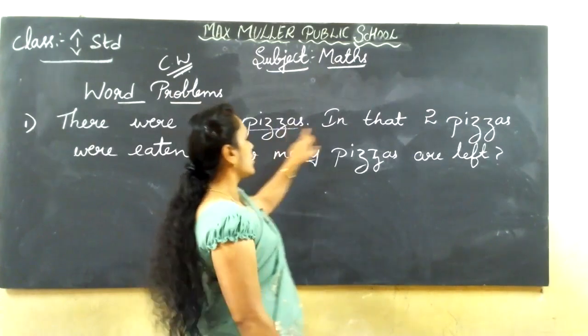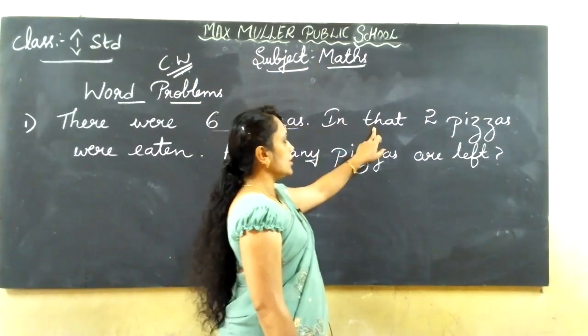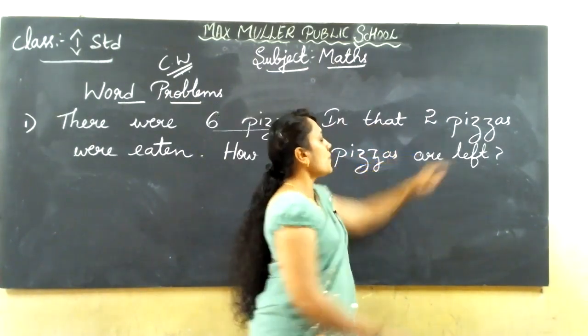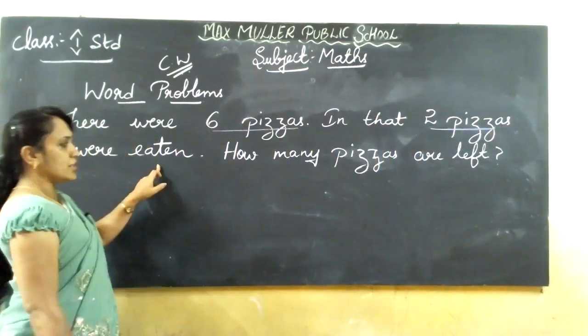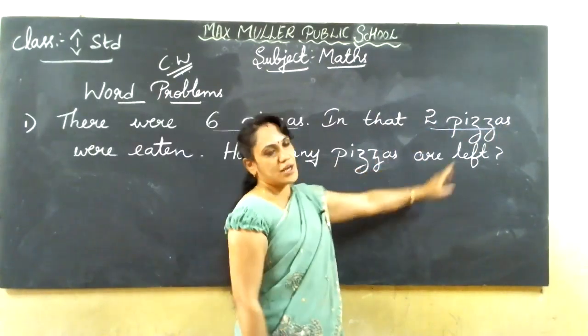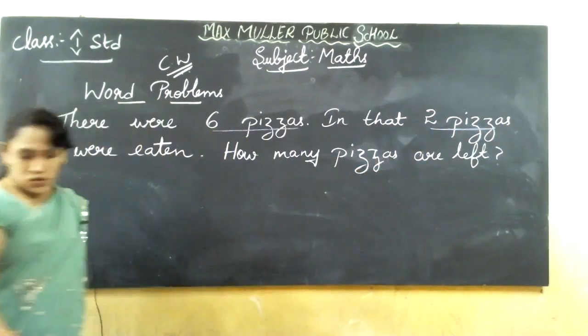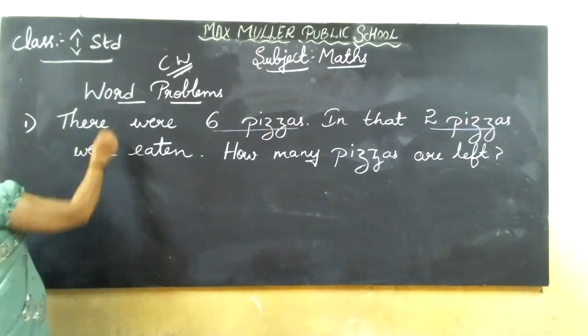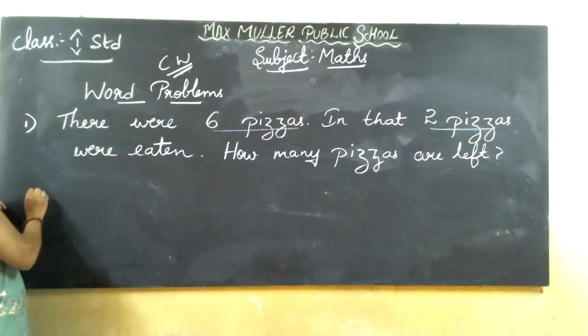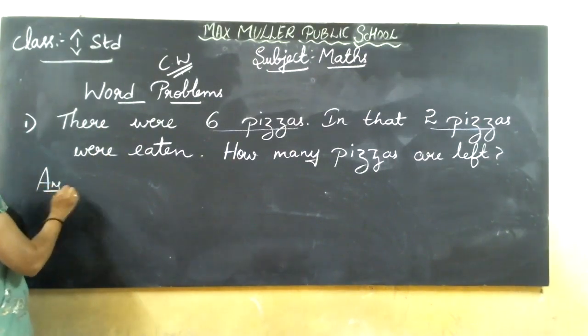PIZZAs. This is pizzas. In that, THAT, that 2 pizzas were eaten. Okay, 2 pizzas were eaten. How many pizzas are left? Okay. So, there are how many pizzas? 6 pizzas. After writing question, copy answer in the next line.